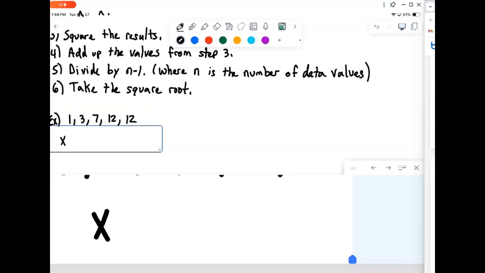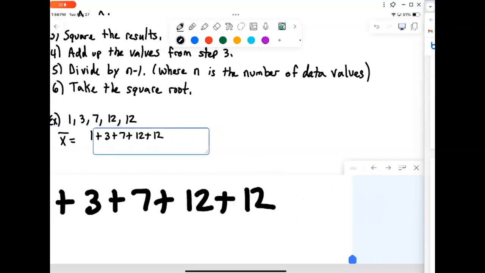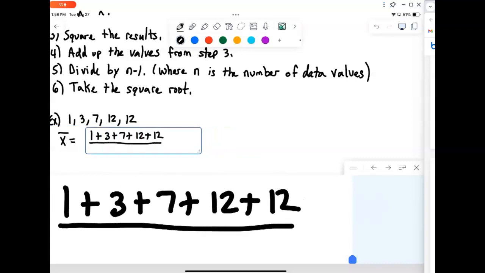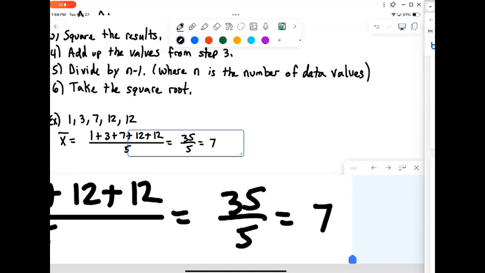So remember, we just add all of our data values up and divide by the total, which in this case was 5. If we add all those up, we get 35 divided by 5. Just like we discussed earlier, our mean is 7.